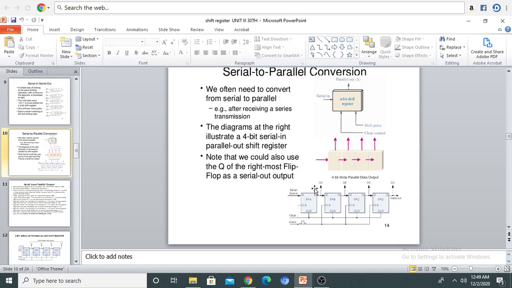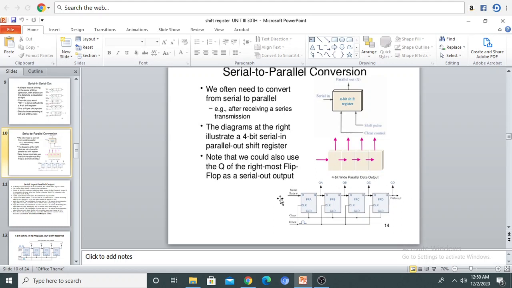When you apply the first value through serial data in, you will get 1 here. This value is shifted to QB, QB value is shifted to QC, QC value is shifted to QD. So 1, 0, 0, 0 after applying the first clock pulse.